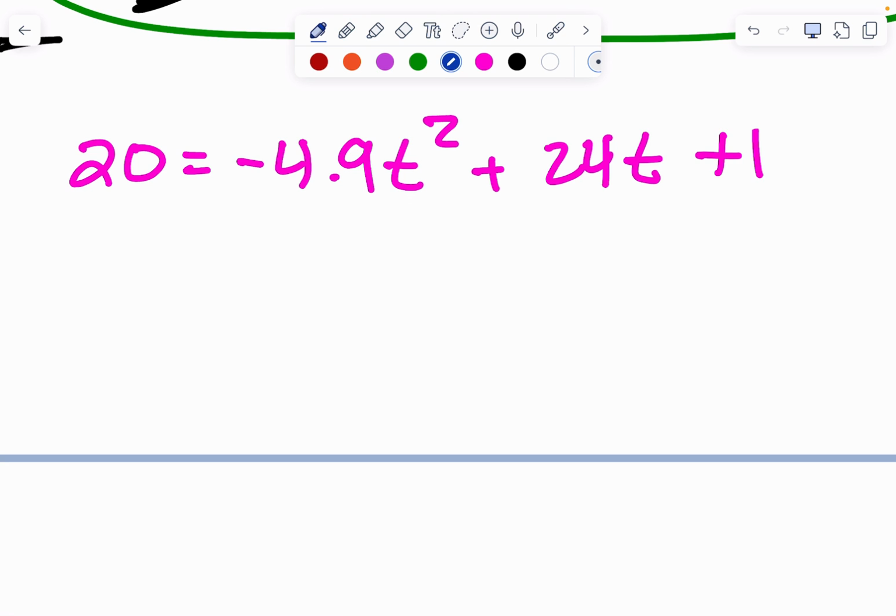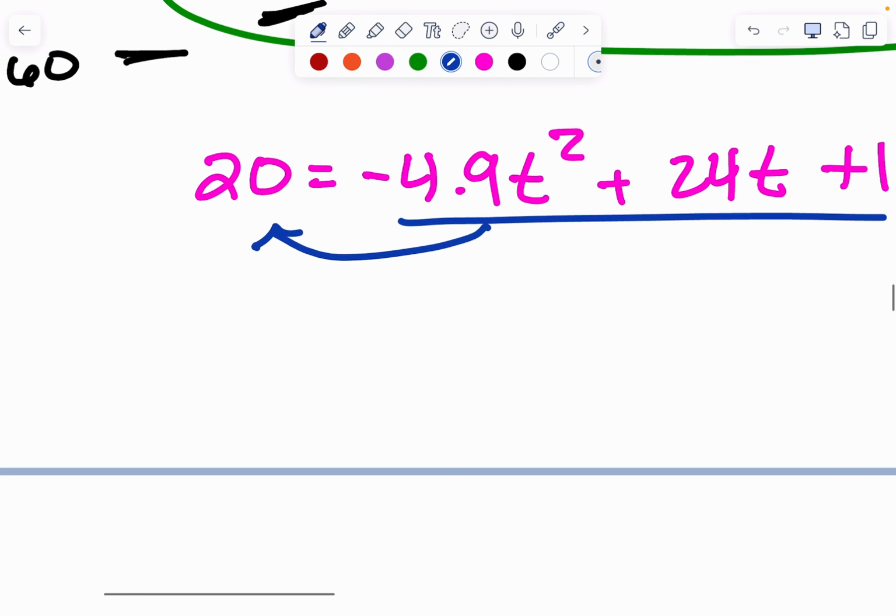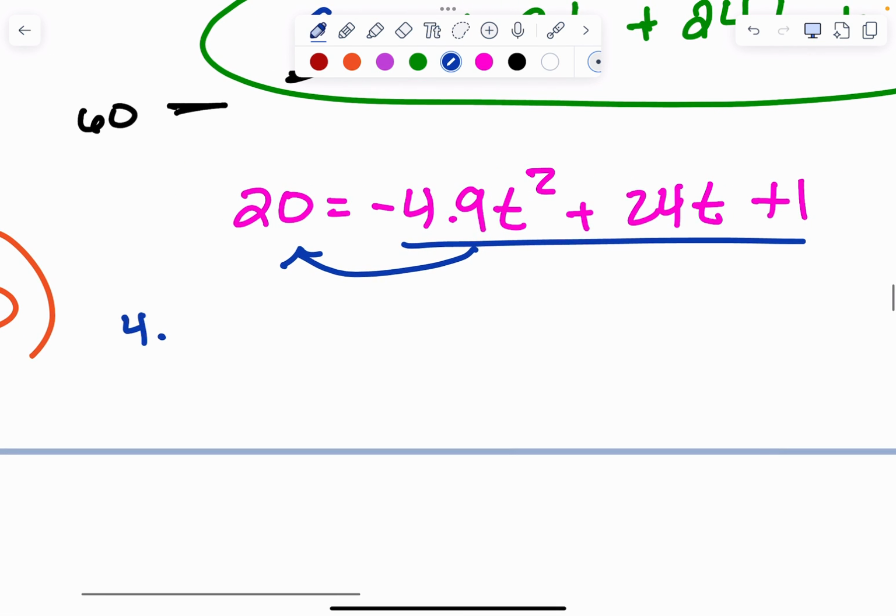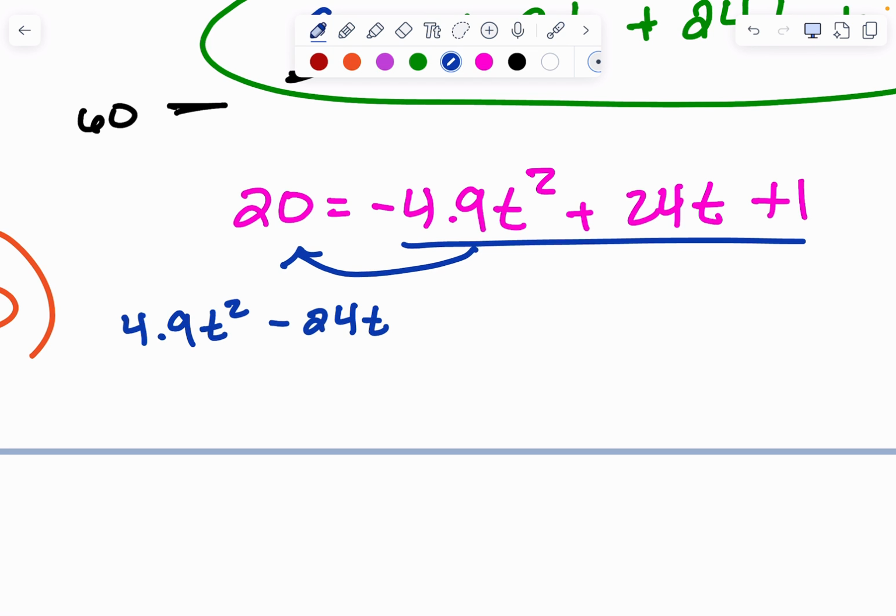You want to move the 20 over? You know what? I'm tempted to move all this junk over to this side so that my t squared is positive. Do you care? Sure, let's do it. Okay, so that will make my 4.9 t squared be positive. I just like to have him positive. I don't know why. Minus 24t, and then what? Plus 19 equals 0, right? Okay, how do I solve this thing now?